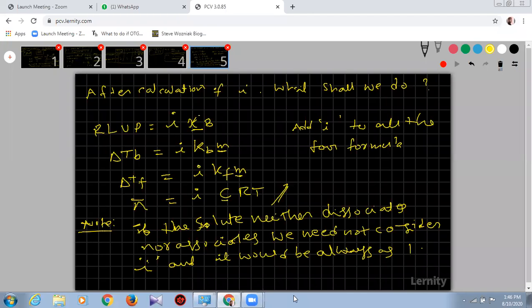If the solute dissociates, then the value of i is greater than 1. If the solute associates, it will be less than 1.